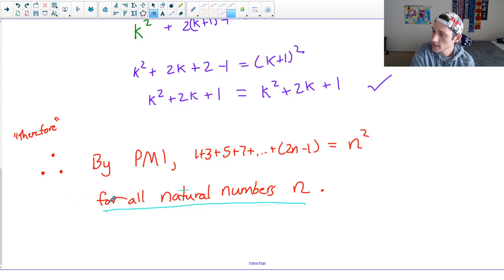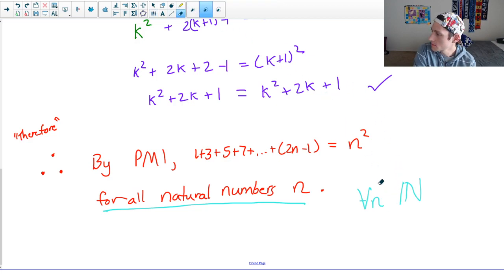So if you're super fancy, instead of writing "for all natural numbers n," you could also write this. There's an upside down A, then an n, then a little thing almost like an E, but really it's like a C with a line through the middle, and then an N with an extra bar.